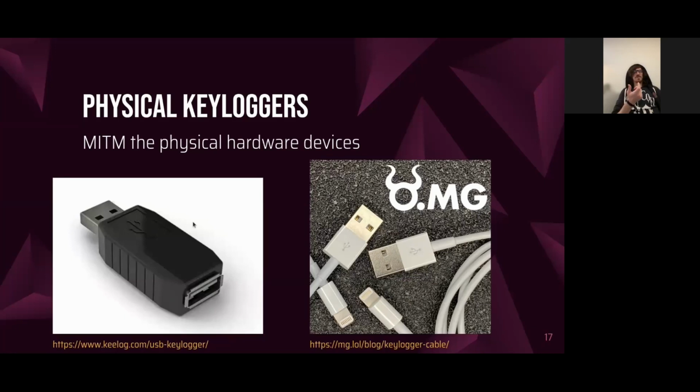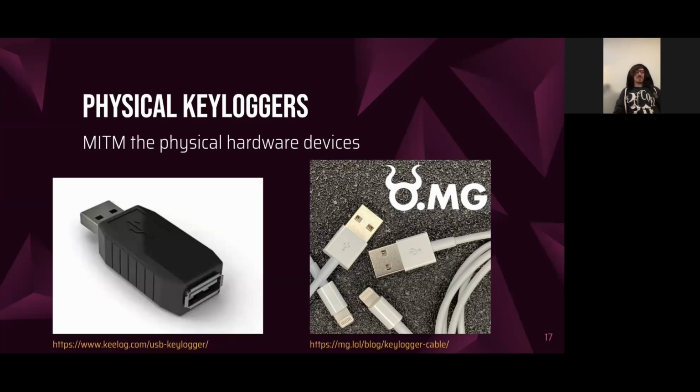This is just like a USB man-in-the-middle type solution. You just plug the keyboard into this and then this into the computer. The neat part about some of these solutions is they have a bunch of internal storage to leave these keys on, but then some of them also support wireless or Bluetooth exfiltration of the keys. So if you're just near the keylogger, you can dump the keys to a phone or a laptop.